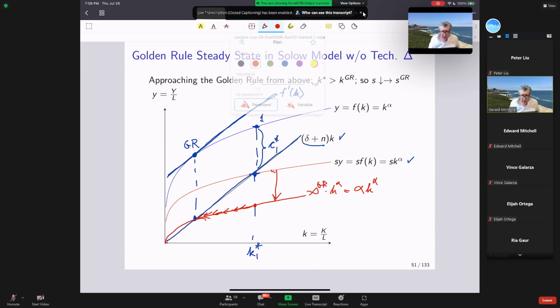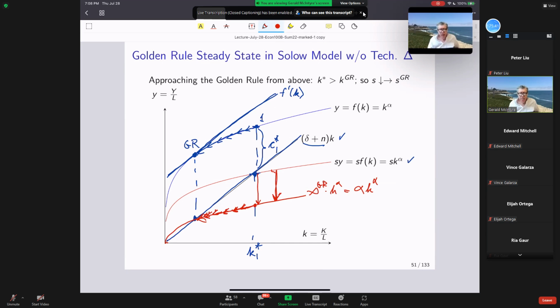And output per worker will move along the output per worker function to here. So output per worker will actually fall. Right? Investment and savings will jump right down and then fall a little bit more.